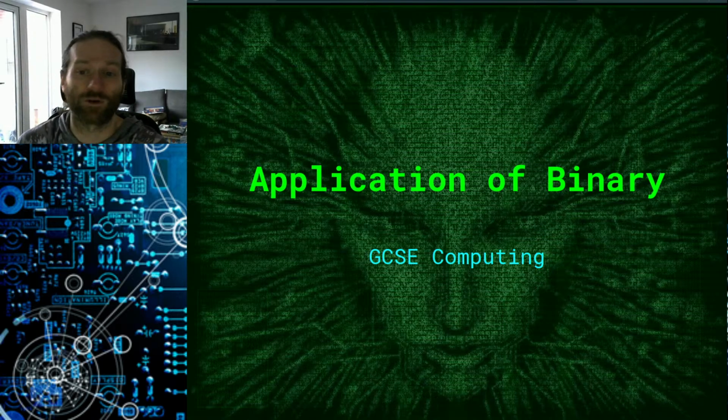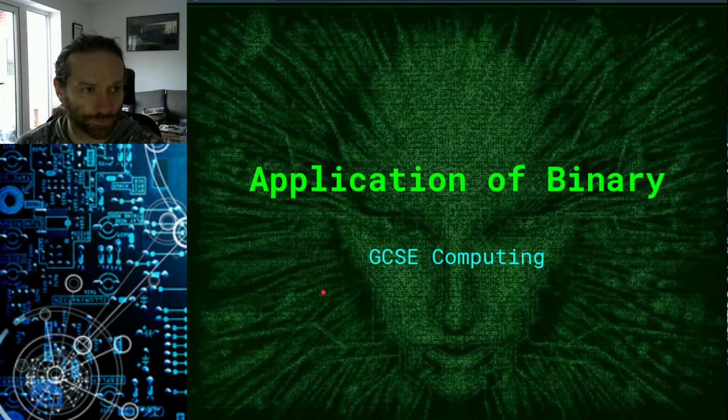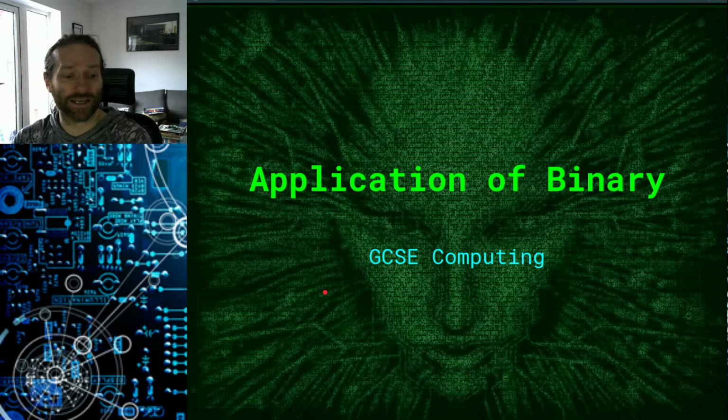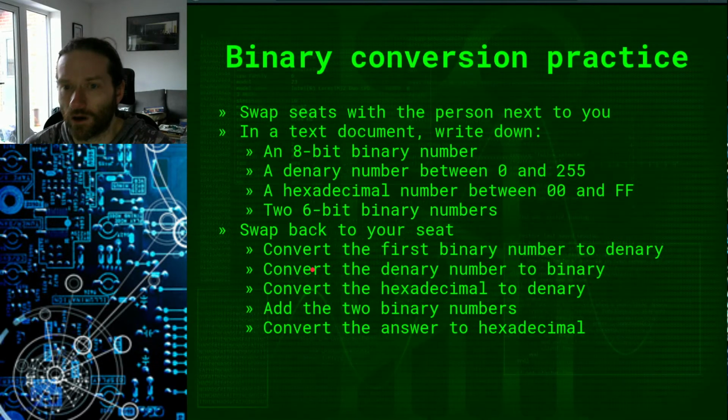So what we're going to have a look at today is actually why binary is useful inside computer systems, and how the data is stored on a computer system in a manner that can be read by the CPU. So that's what we've got in store.